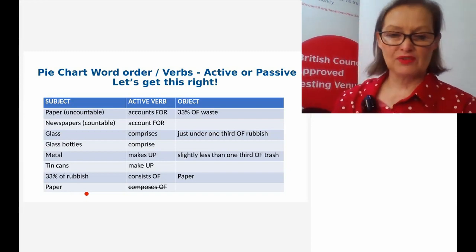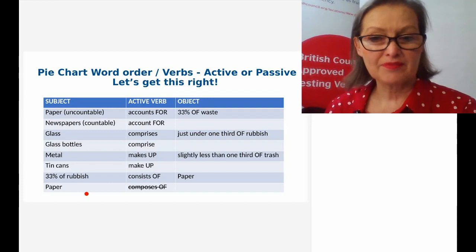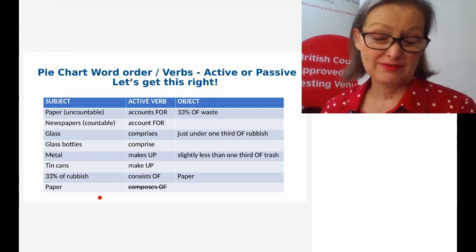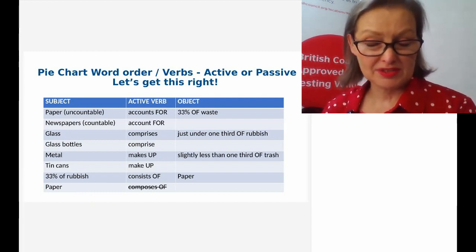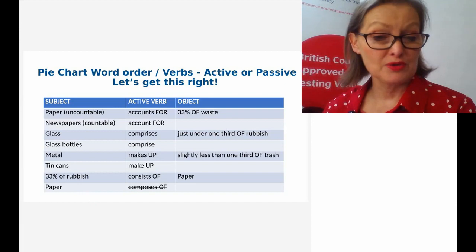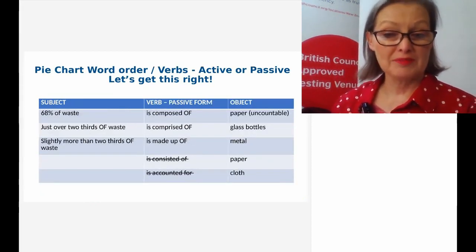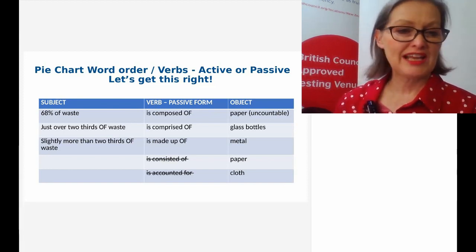And have a look at this verb. This is a verb that I cannot use in the active form. We can't say paper composes of, but we can say that 33% of rubbish is composed of paper. And that takes me to my passive form. So let's look at the next slide.